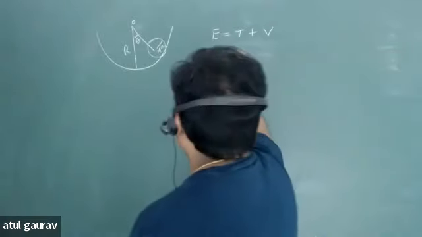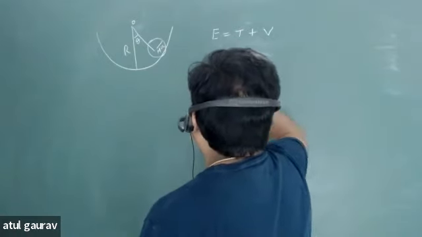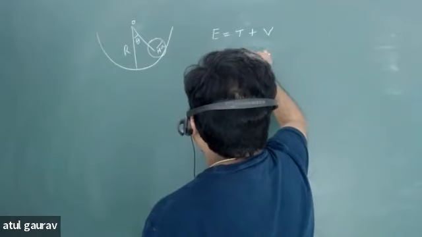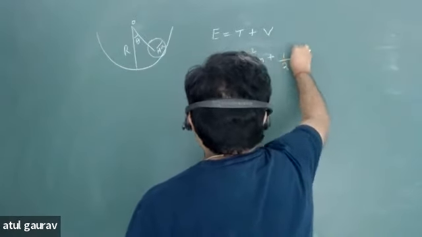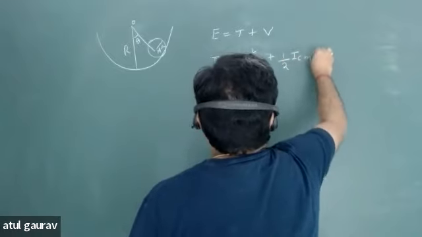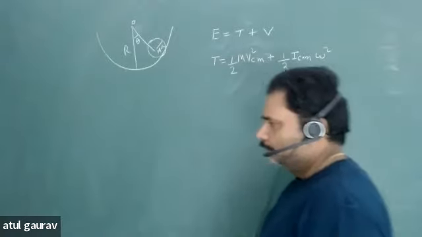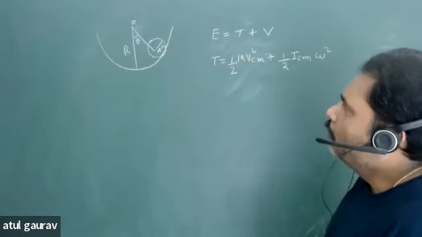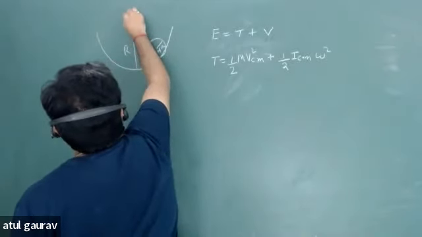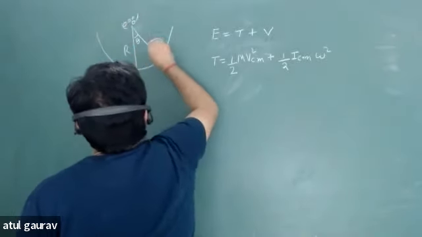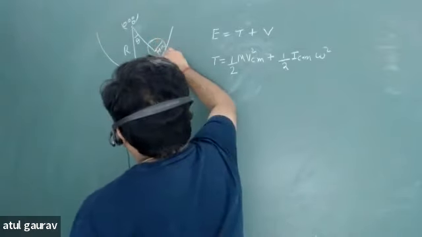So what is your kinetic energy? Tell me. Half m VCM square plus half ICM omega square, isn't it? Now we will just put the origin at this point, and we have to give the coordinates of this point.